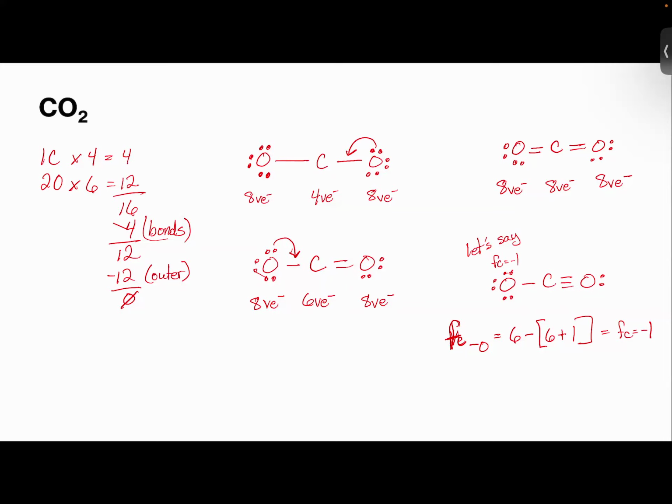Now for our carbon atom, the formal charge on our carbon is going to be the number of valence electrons, which is 4, minus 1 for every dot. Well, it has no dots, plus 1 for every bond. It has 4 bonds. So this currently has a formal charge equal to 0.